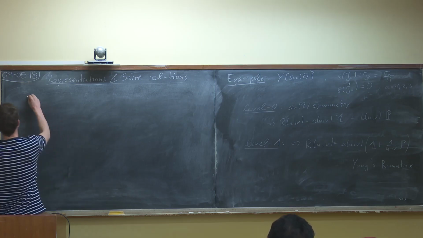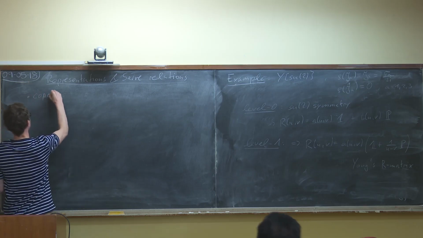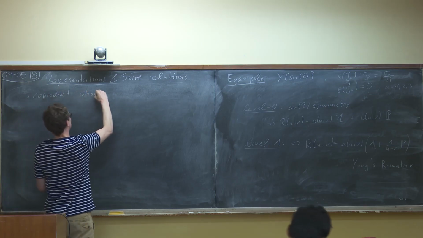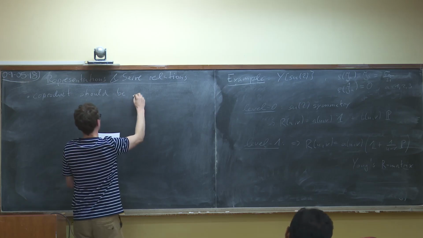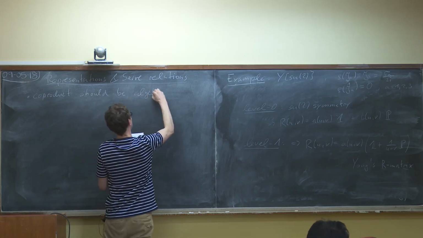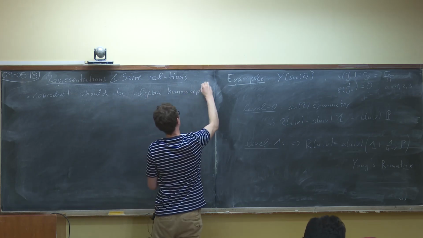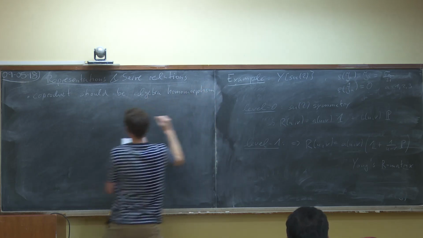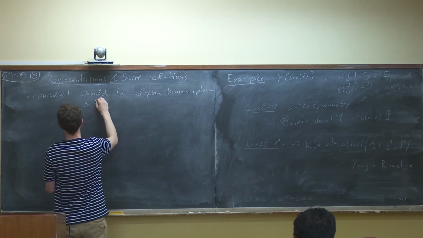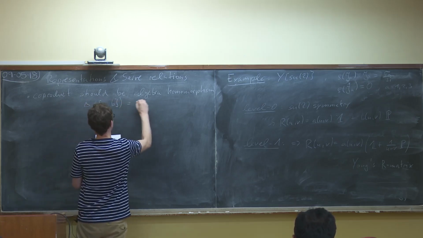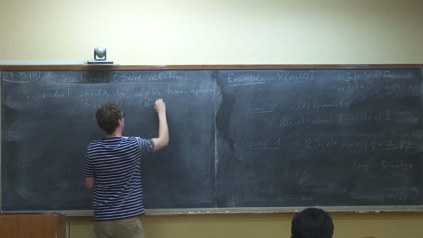Okay, the idea is that the co-product should have some nice properties, and in particular it should be an algebra homomorphism. So basically it should commute with this bracket.